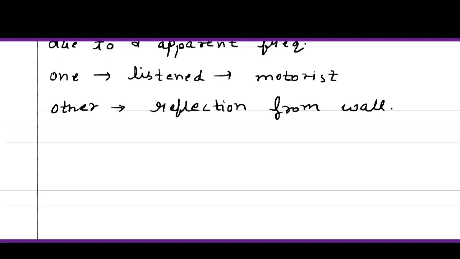First we calculate these two apparent frequencies heard by the motorist.